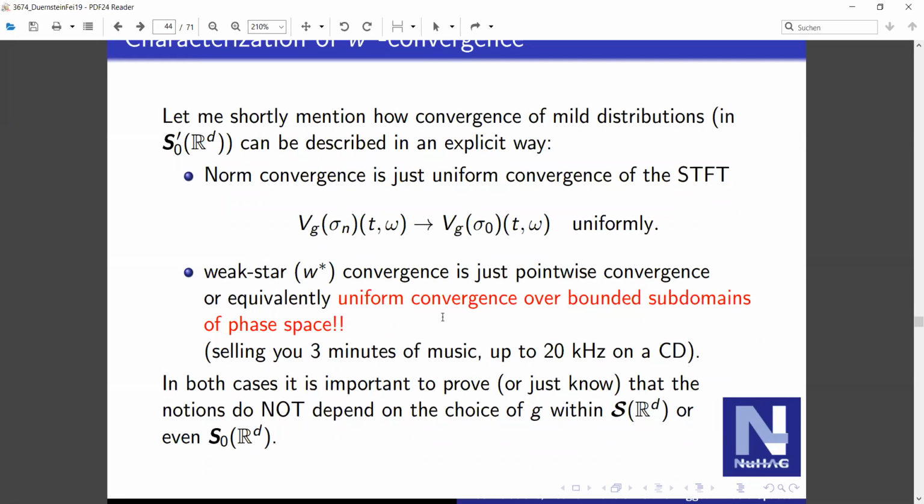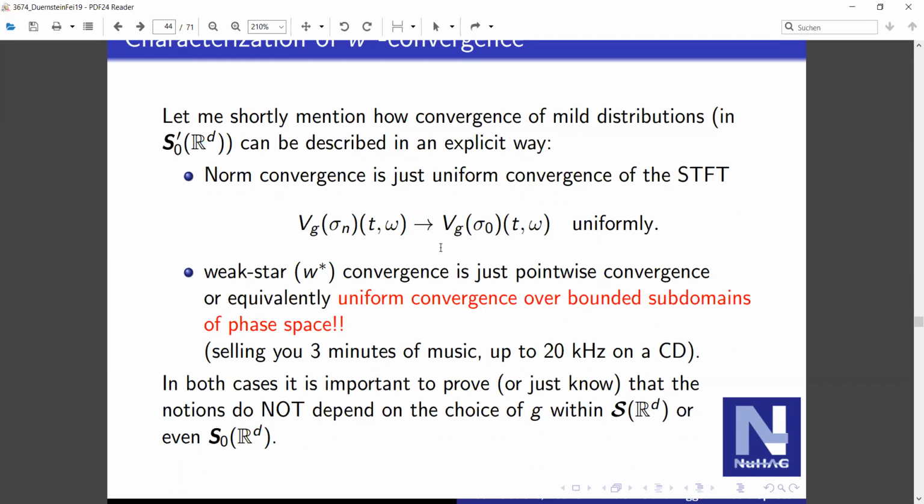So it's the very simple idea that the norm of S0 prime, we will see, is just the maximum norm on the short time Fourier transform domain. So if you have uniform convergence of Vg sigma n to Vg sigma 0, you have norm convergence. Now you have pointwise, but actually practically more interesting, uniform convergence over compact sets.